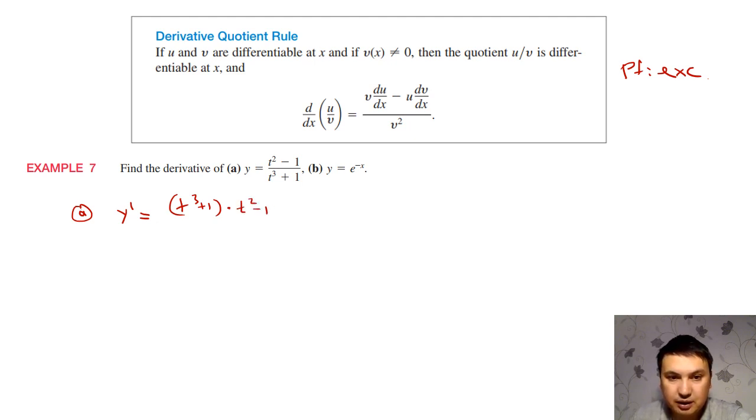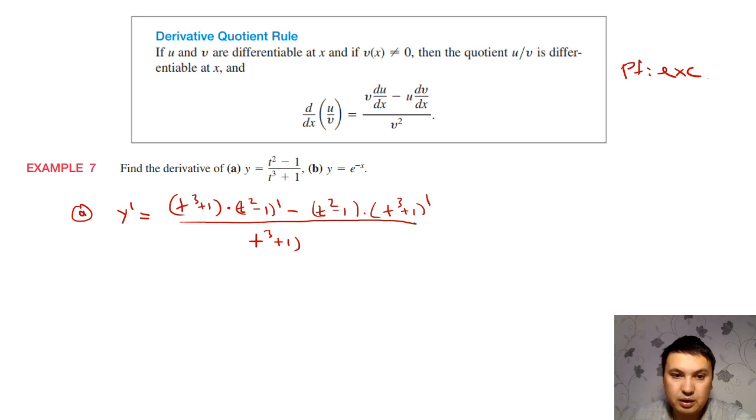Minus u, which is my numerator, t squared minus 1, times the derivative of v. What is v? It's t cubed plus 1, and this is divided by the denominator squared. So our denominator is t cubed plus 1 squared, right?